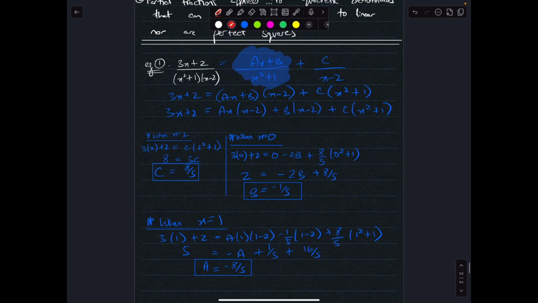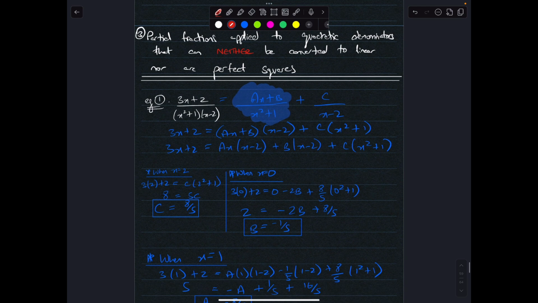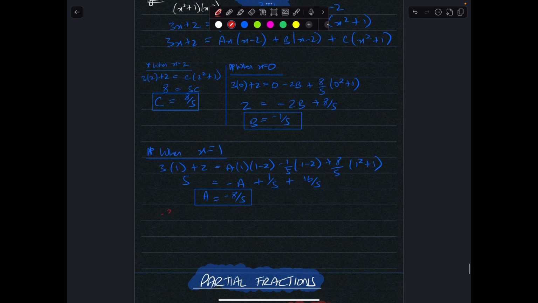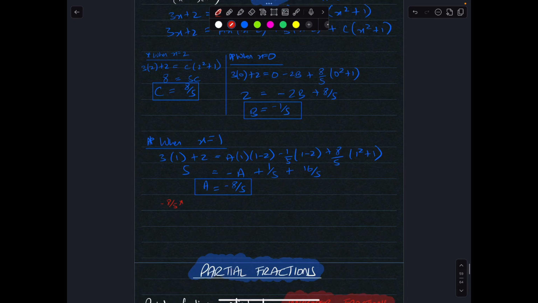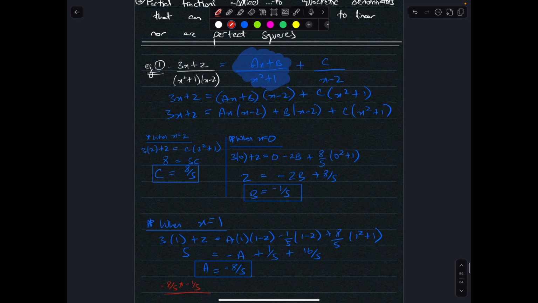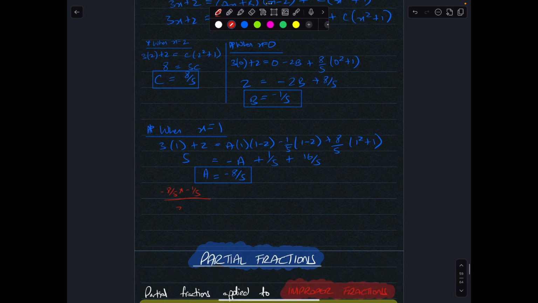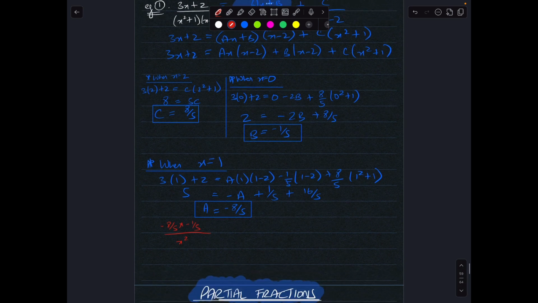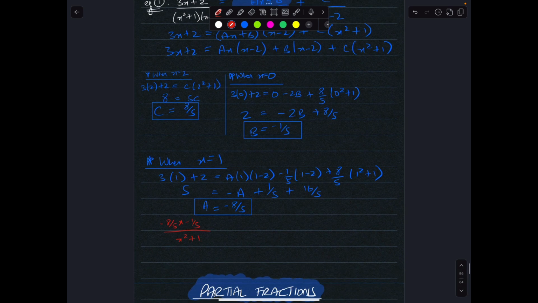I can write my final answer down as, just a second, minus 8 over 5 x, and b was minus 1 over 5, and in the denominator I have x squared plus 1, and c I have as 16 over 5, and the denominator was x minus 2.